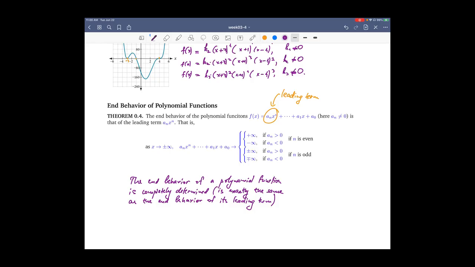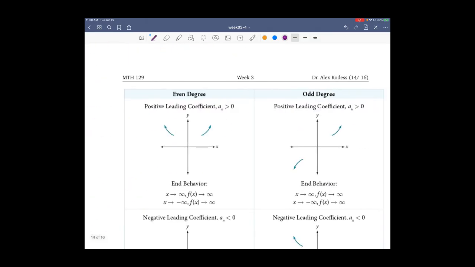And the picture on the next page demonstrates this again.